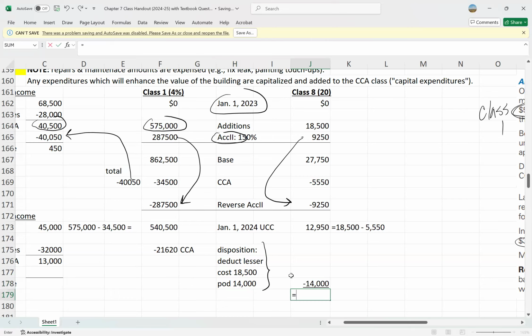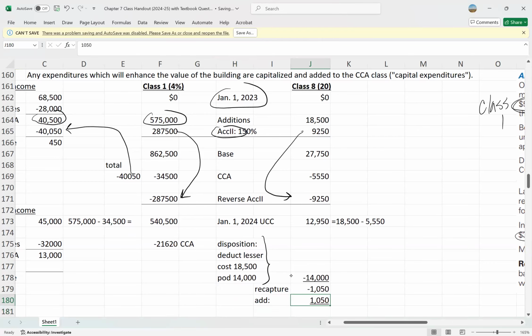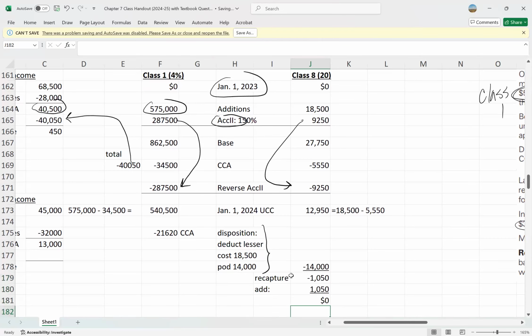And if we do a quick subtotal here, we now have a negative amount. And this again relates to chapter 5. If we have a negative amount at year end, which we do, we have to add that back into income. This is known as recapture. So we have to add this to income, and that will reset this to a zero balance.